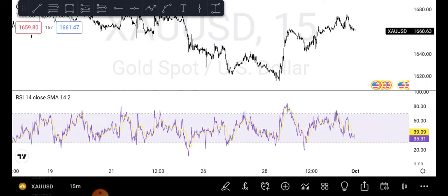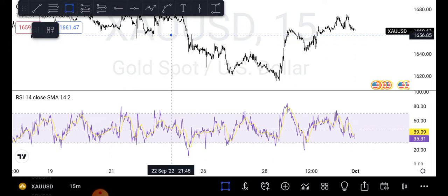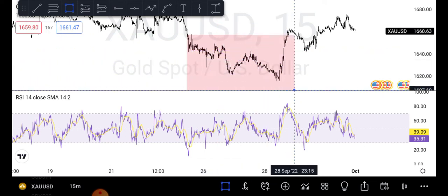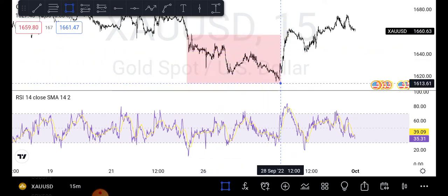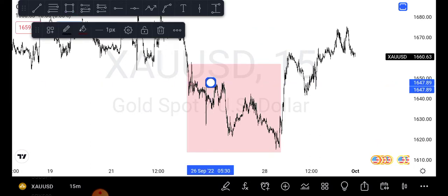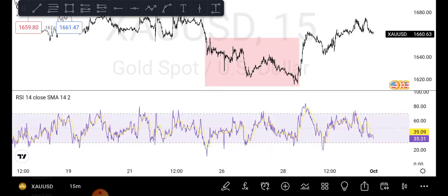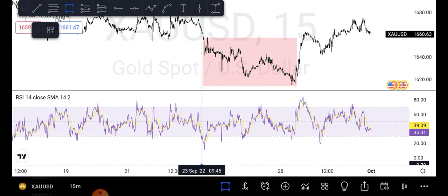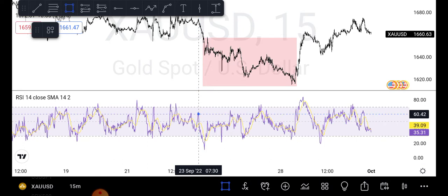As you can see, all through this place, the market was going down. If the RSI was telling us the trend of the market, then we would expect it to be so from here, right?